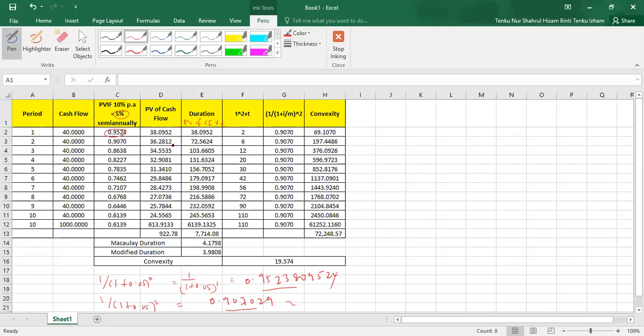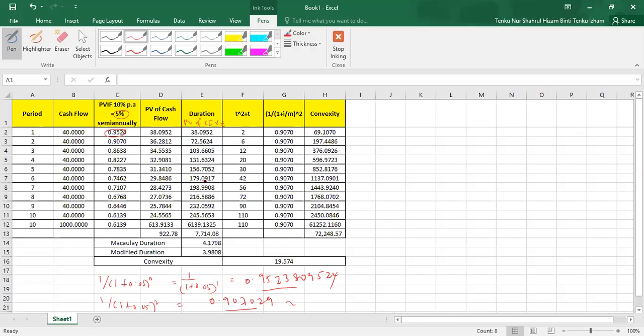Then for year 2, you get the PV of year 2, 36.2812, multiplied by 2 at 72.5624. So this is how it's calculated for duration.